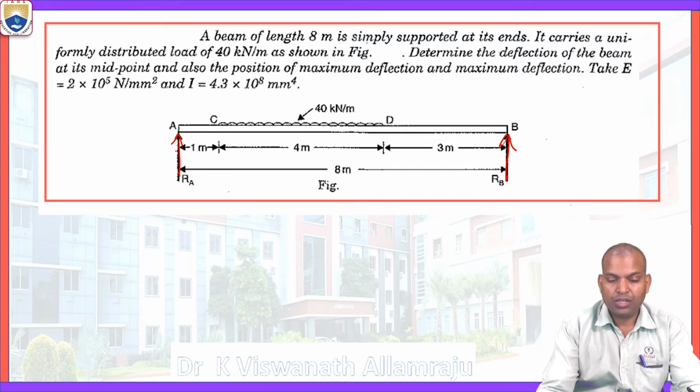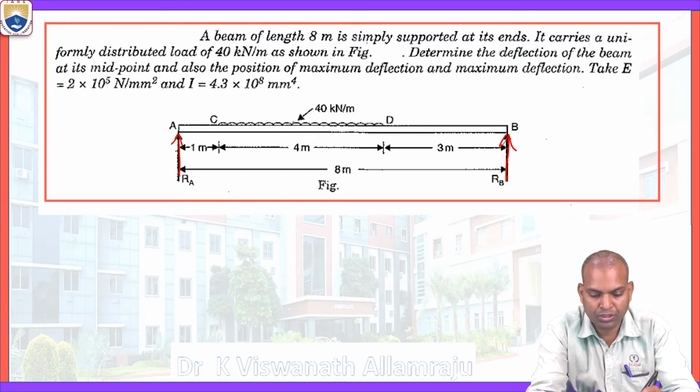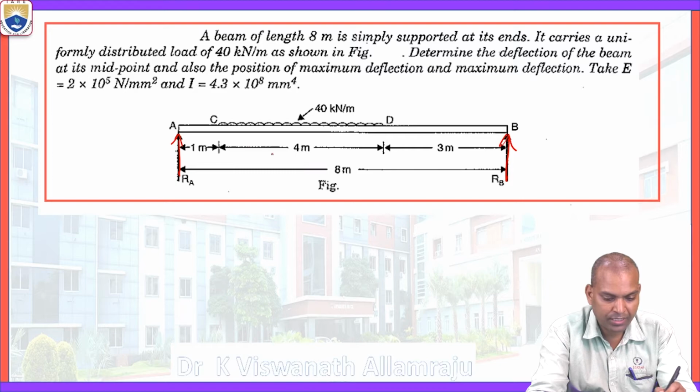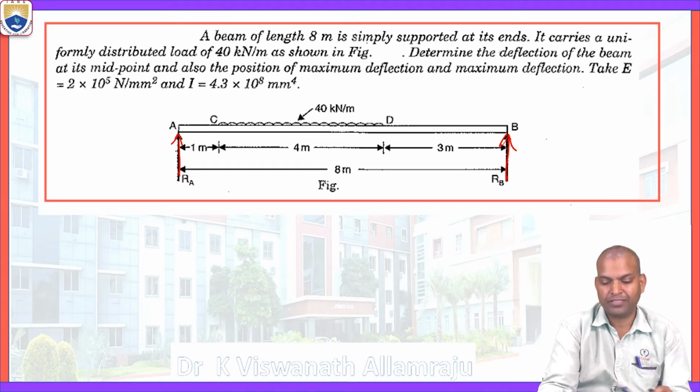It carries a uniformly distributed load of 40 kilonewtons per meter. We need to find the deflection of the beam at the midpoint, and also the position of maximum deflection and the value of the maximum deflection.